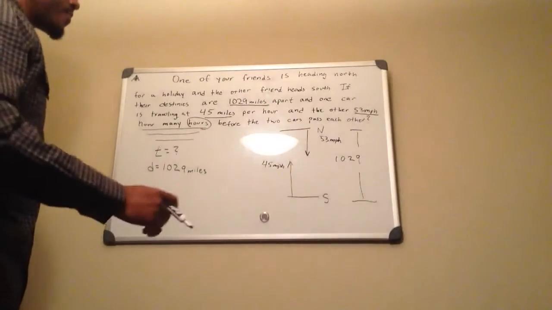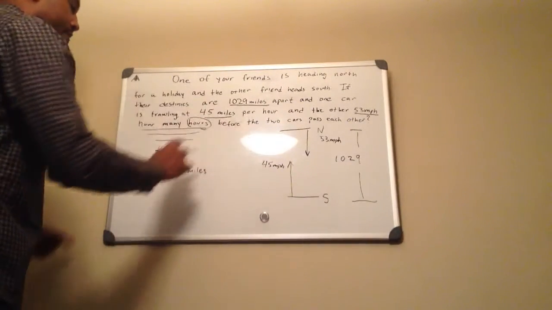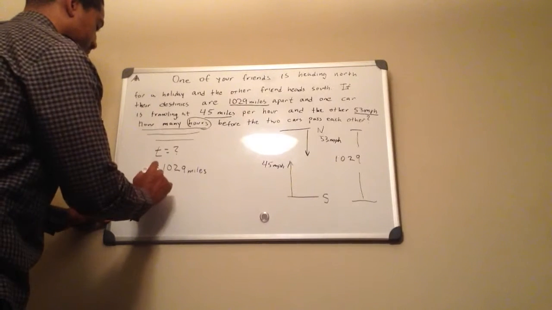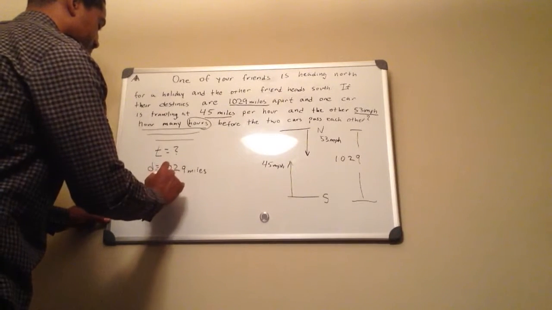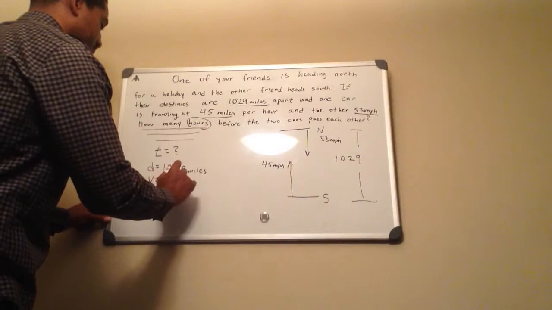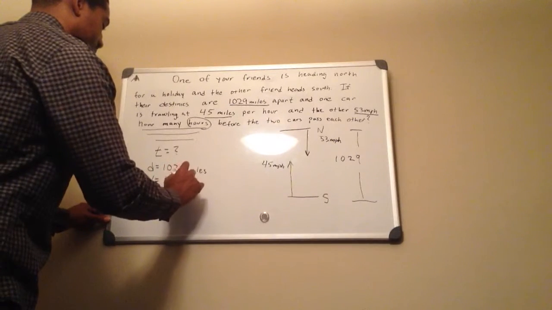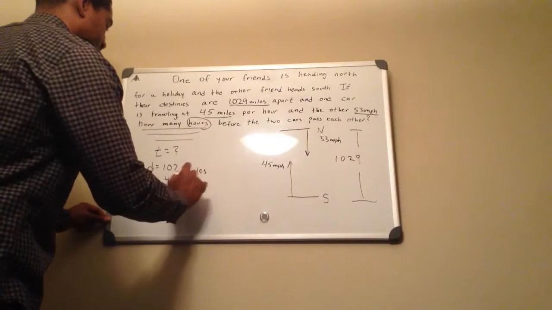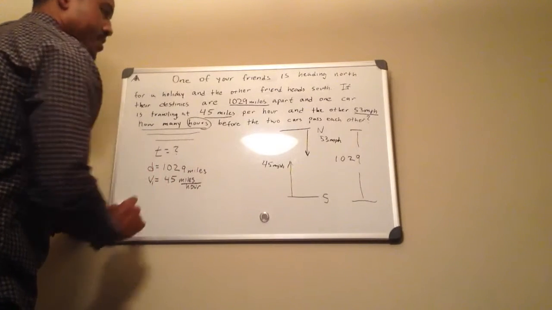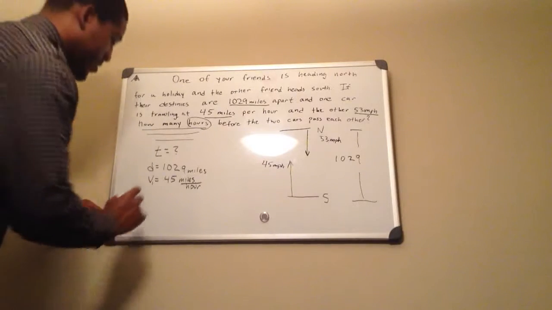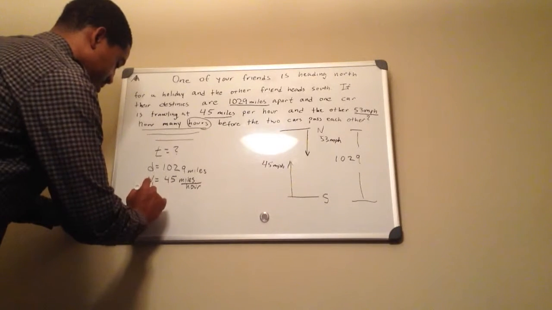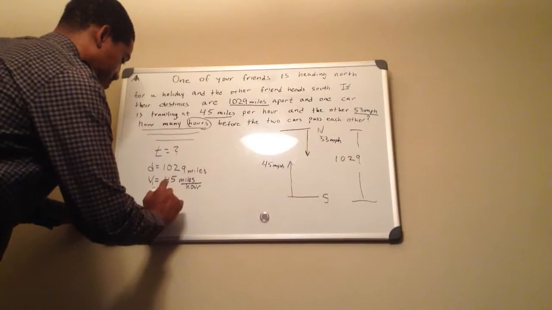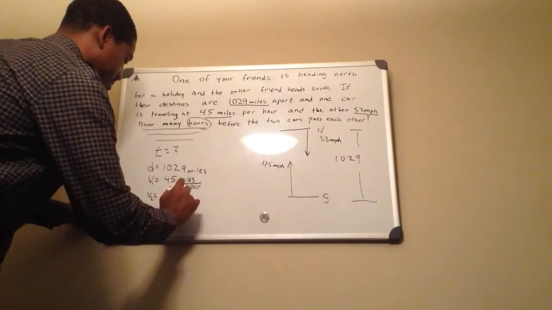So now you know that friend 1 is traveling at 45 miles per hour. So this is a velocity. This is friend 1. And friend 2 is traveling at a velocity of 53 miles per hour.